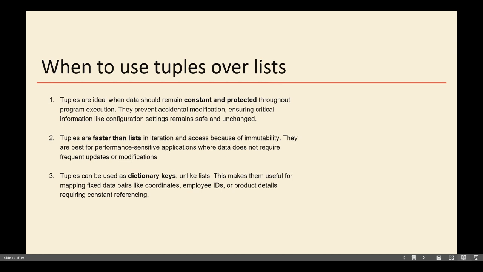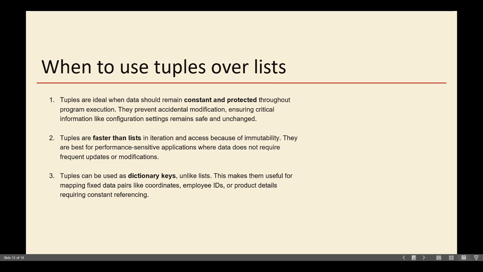And some of the extra points to add about why you use tuples over list is hashable dictionary keys.